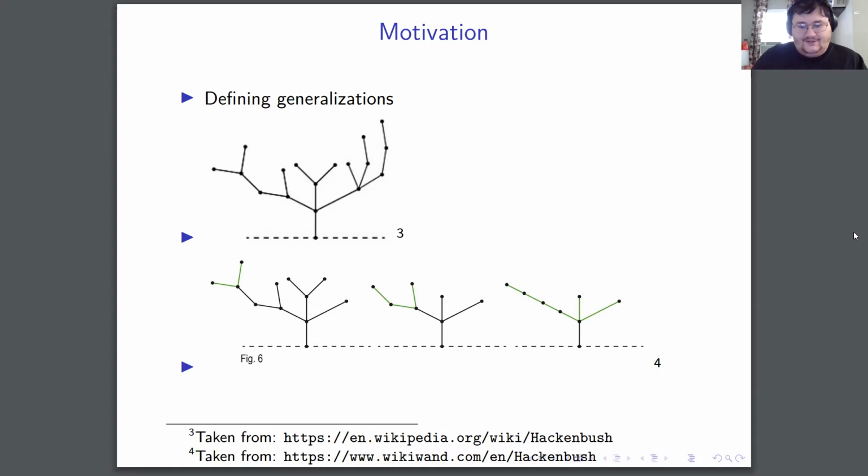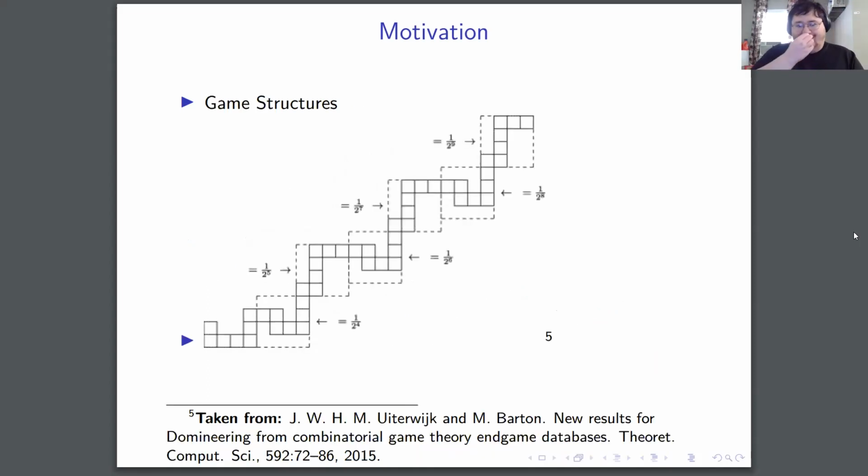It lets us generalize. And finally, it allows us to explore game structures. Often in computer science, we're interested in who wins the game. This is binary: you win or you lose. But that's not necessarily super interesting in practice, in the sense that I want to know why this move is good, or how strong it is. How many points do I get if I make this move? How swingy is it? We don't typically analyze that in, at least, theoretical computer science.